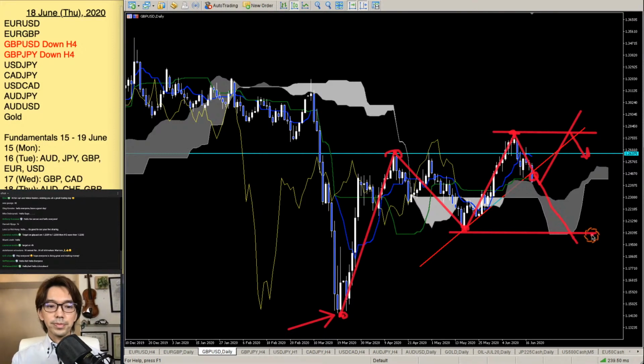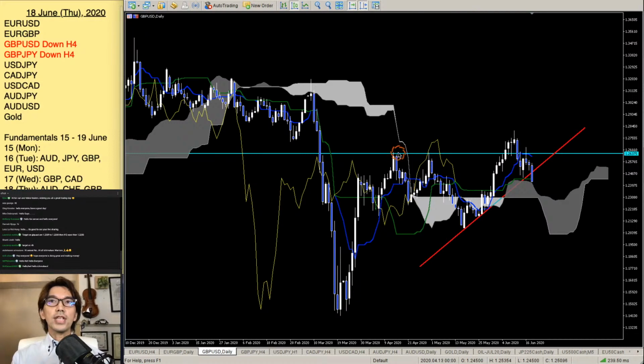In that case, how you count the wave should be changed by then. But as far as I look at the market right now, this is the continuous uptrend, still bullish in this bigger time frame, based on the wave analysis here.